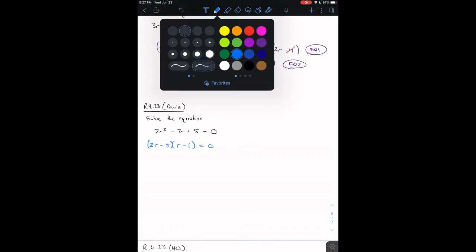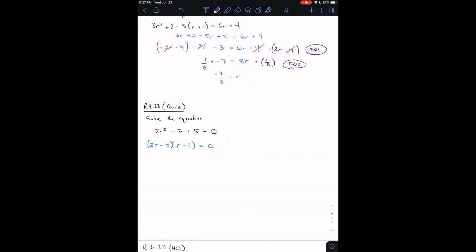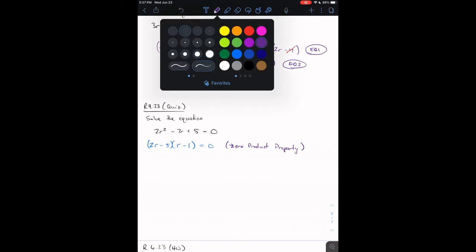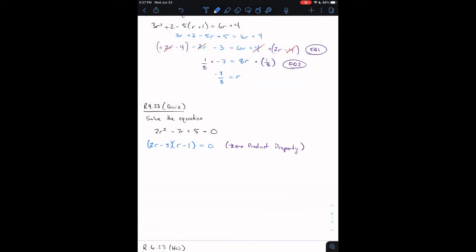Now we use something called the zero product property. And what this says is that if you have two things, a product of two things that equals 0, then one of the two things that you're multiplying has to be 0 itself. So this gives us two options. This either means that 2r minus 5 equals 0, or r minus 1 equals 0.